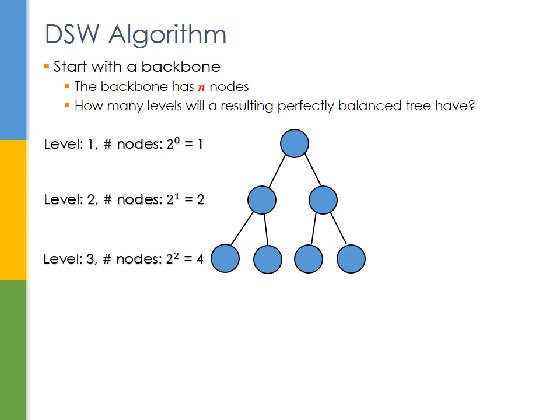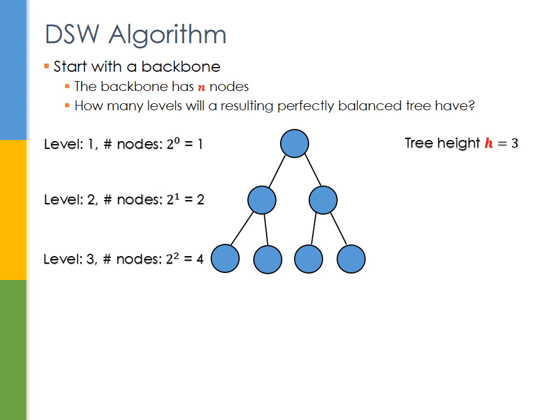On the second level we have 2 nodes, which is computed as 2 to the power of 1. And on the third level we have 4 nodes, which is computed as 2 to the power of 2. So essentially we can compute the number of nodes at each level by taking 2 to the power of 1 less than the level that we are at.